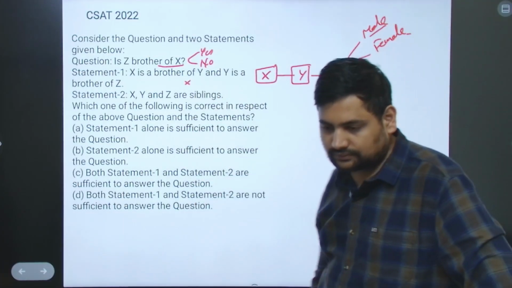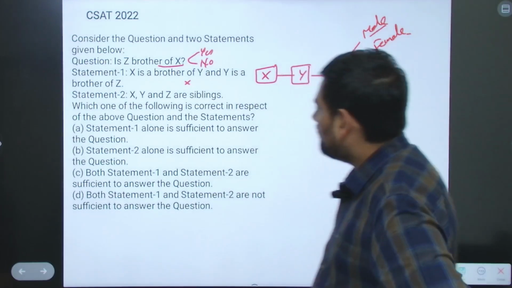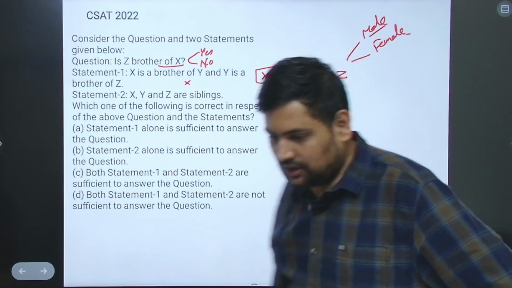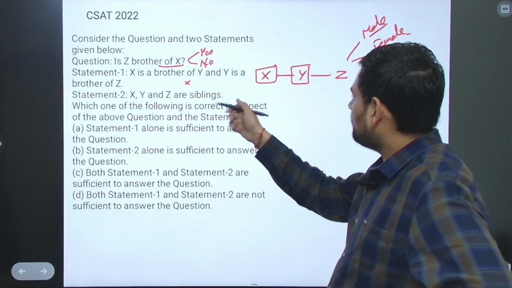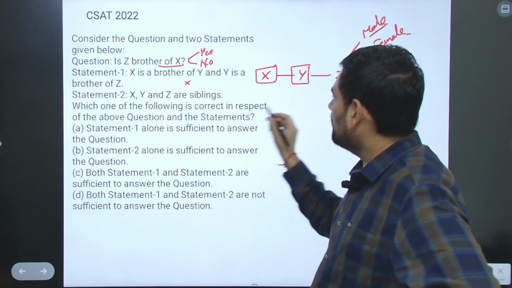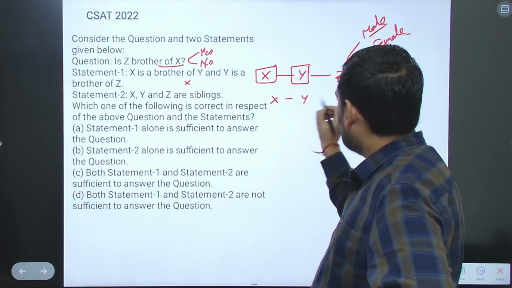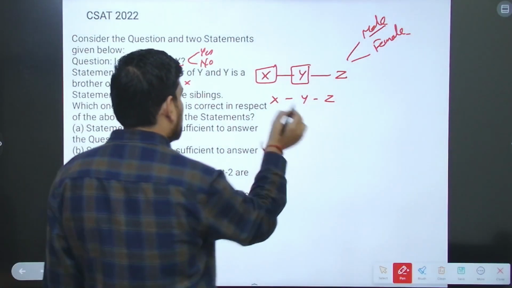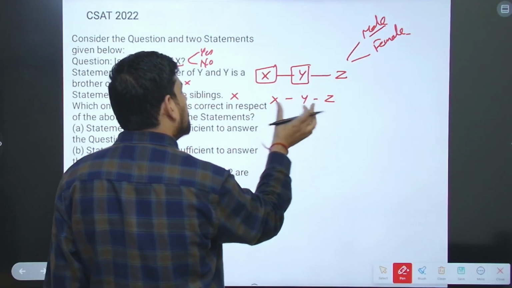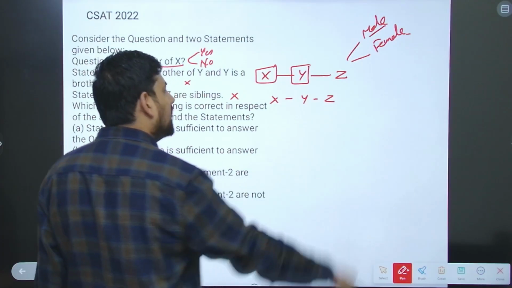Then next it says X, Y, Z are siblings. So X, Y, Z are siblings. Now, second statement is this. So let's say siblings means X, Y, Z. So this statement alone is not giving you anything, correct? Because siblings, I don't know if X and Z are male or female.